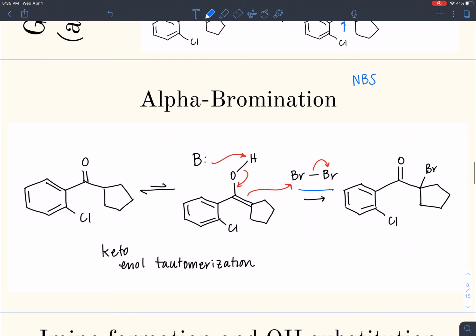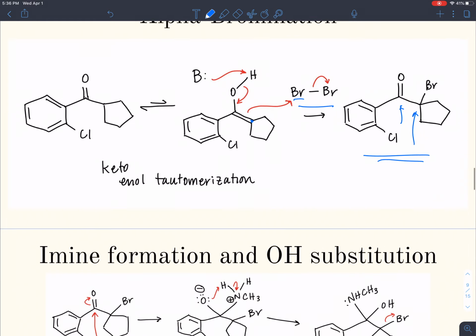So this then proceeds very simply through an initial keto-enol tautomerization, which just happens, and then the collapse back down is going to create an SN2 attack from this carbon to this bromine here, kicking off the other bromine and creating our next product. This product is unstable because of this bromine here on a tertiary carbon next to a carbonyl, and therefore needs to be used pretty immediately after.